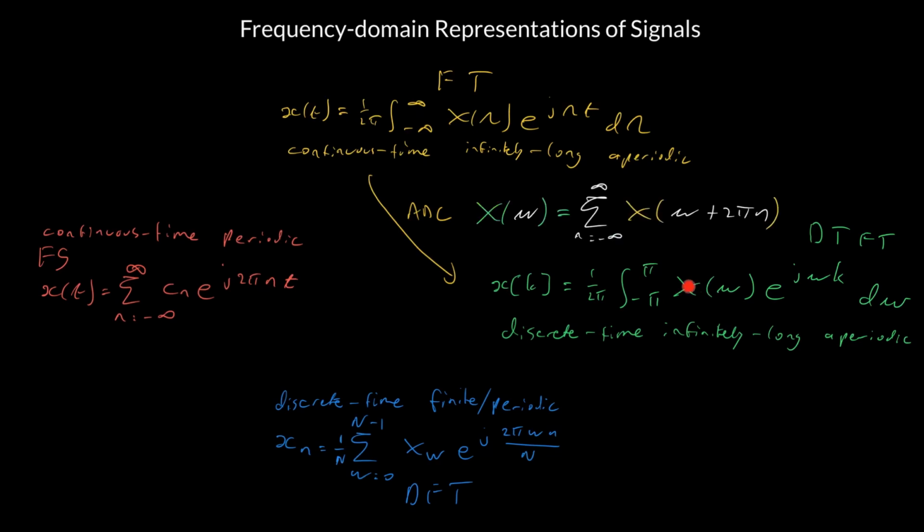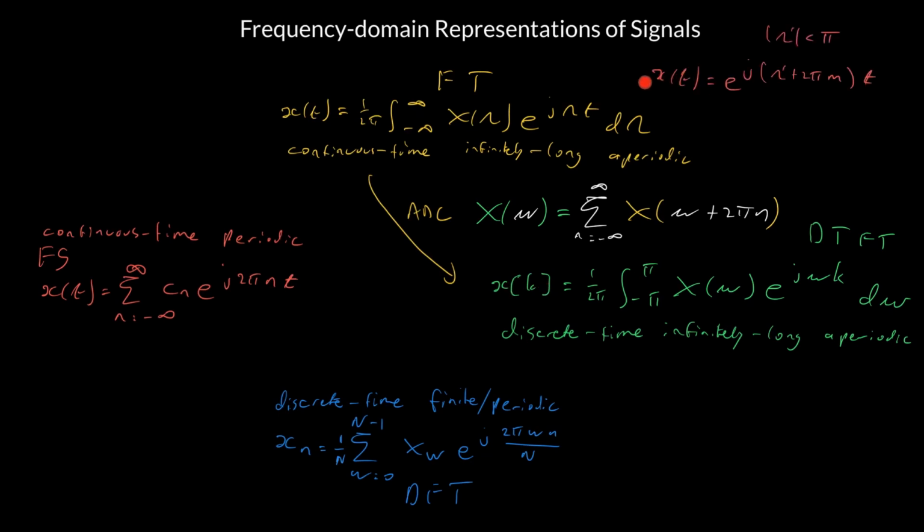The answer is that we obtain this X of omega by taking our original X of omega and making it periodic according to this infinite sum here. We can give a very intuitive reason for why this equation is true. For our x of k, we need to construct it using only frequency components between minus pi to pi. In this integral here, these are the only frequencies we're allowed to use to reconstruct x of k.